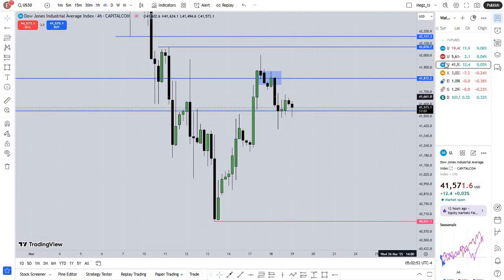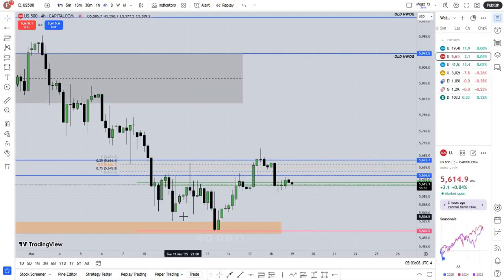So with the other conference we have, and also looking here, you can see that the Dow took out its low also. So let me show you guys what I mean by that. See this low? It was taken out here by this run on the US 100. This low was taken out on the US 500.